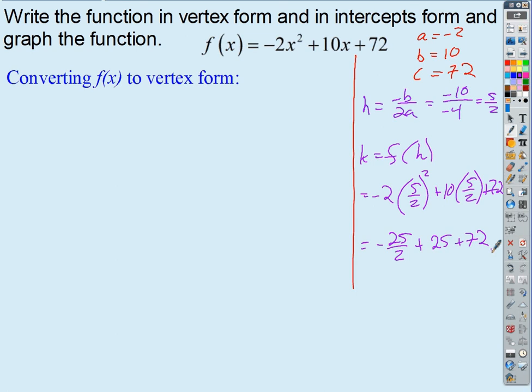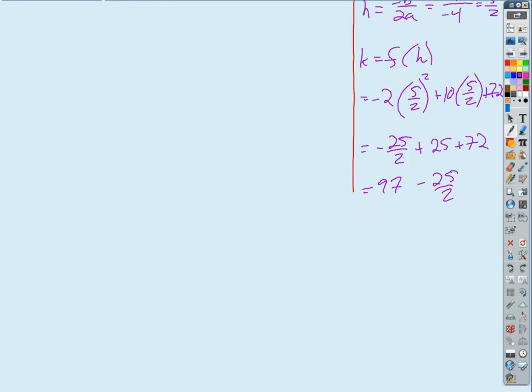We're going to get 97 minus 25 halves. That adds up to 97, right? Which is the same thing as saying 194 halves minus 25 halves, which is 169 over 2. That is k, right?